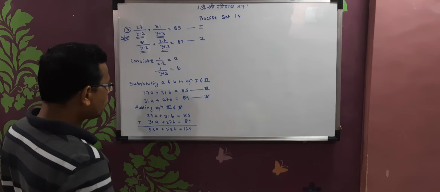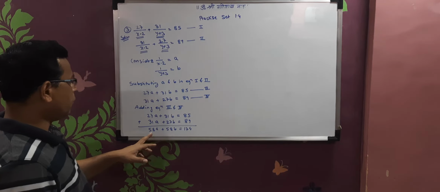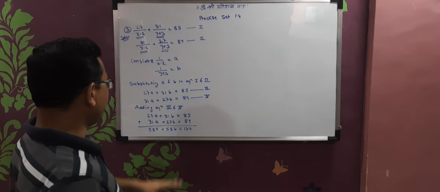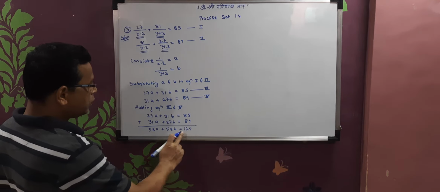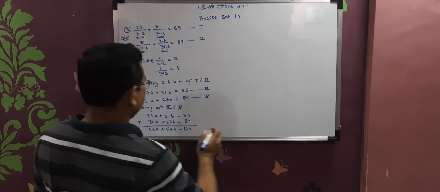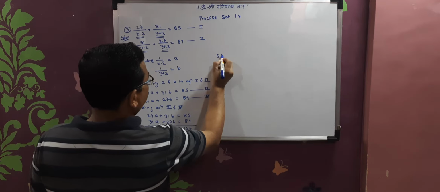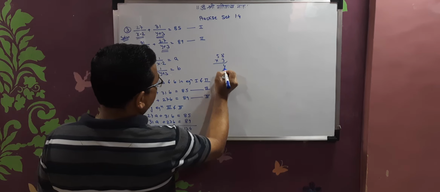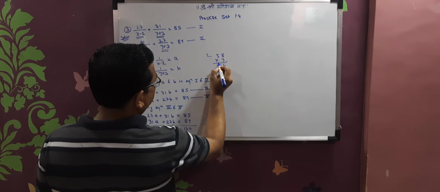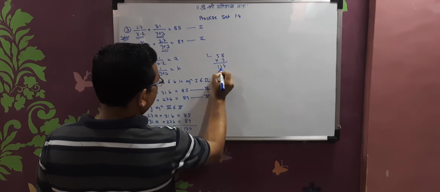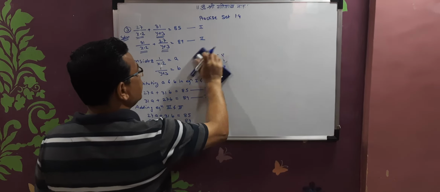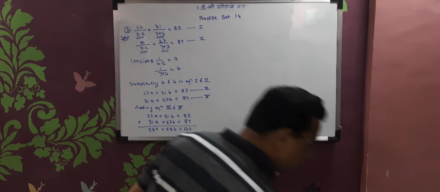So what will we do? We will divide the left hand side as well as the right hand side by 58, because 174 is divisible by 58. If you consider 58 into 3, 8 threes are 24, 4 carry 2, 3 fives are 15, plus 2 is 17, so 174 is divisible by 58 and the answer will come 3.